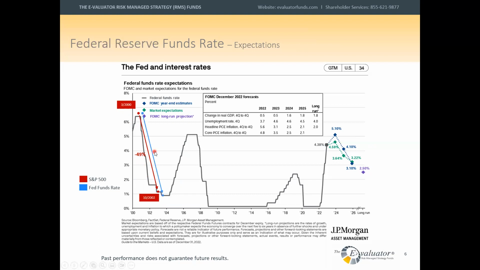So the Federal Reserve lowered their rate from over 6% down to under 1% to help stimulate the economy. Then came the housing bubble, where the S&P 500 peaked in October of 2007 and went down by 56% in March of 2009.